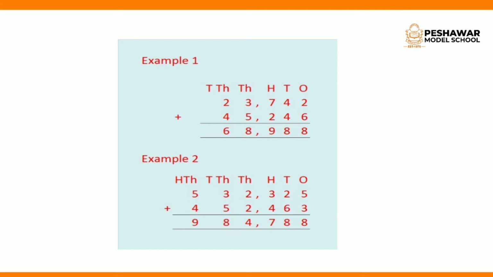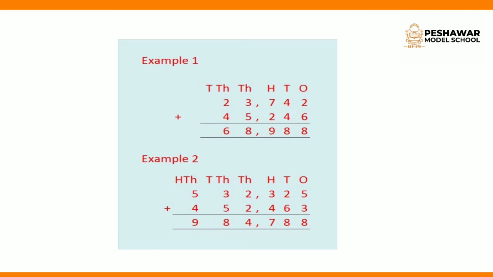Now example number 2, the method is the same. Here are 6-digit numbers: 532,325 plus 452,463. We can add them vertically. Start from the right side, from the ones place. Add the ones place digits, which is 8.